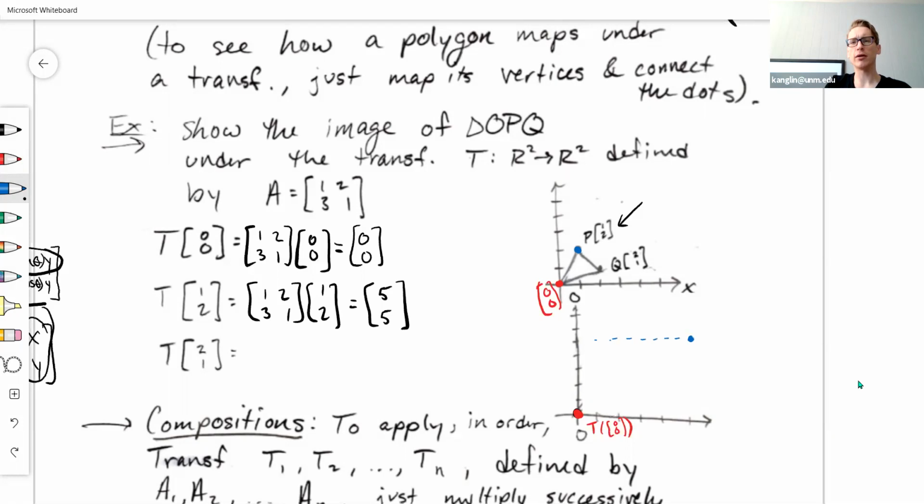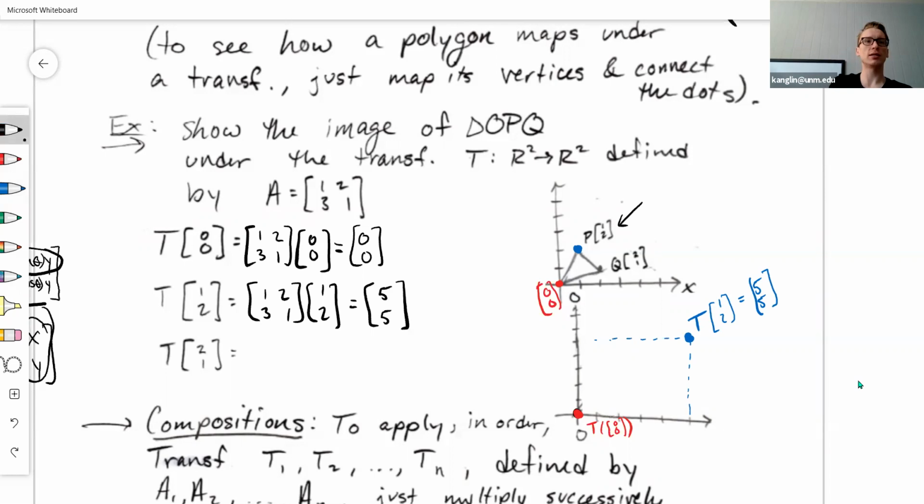Right about out here. So that is T of (1, 2). So the blue point up here, P, maps to this new point (5, 5) in the codomain.